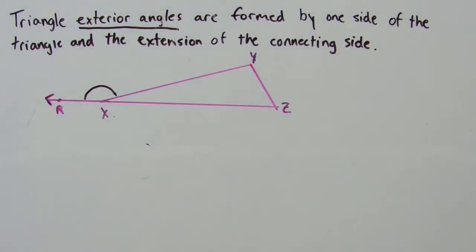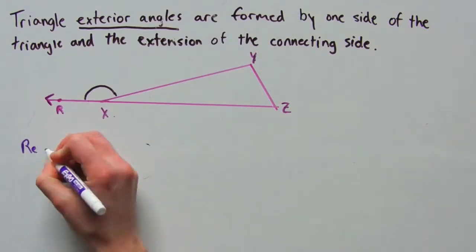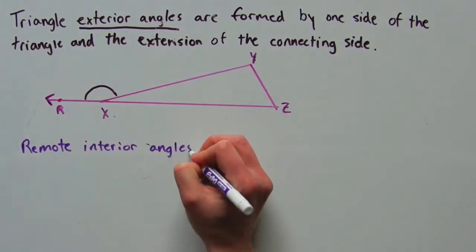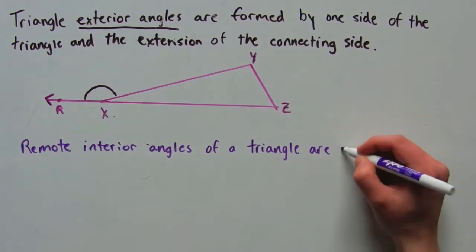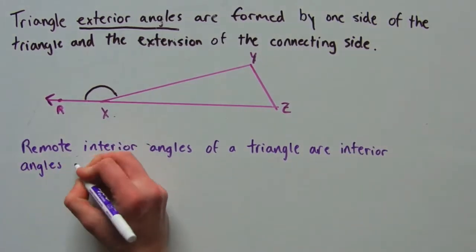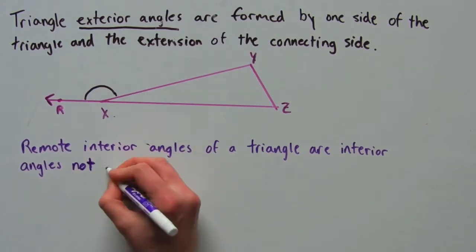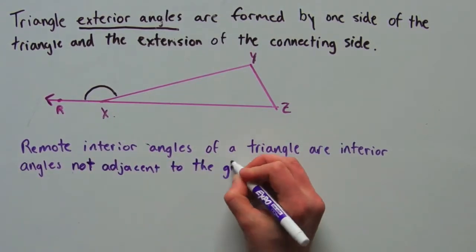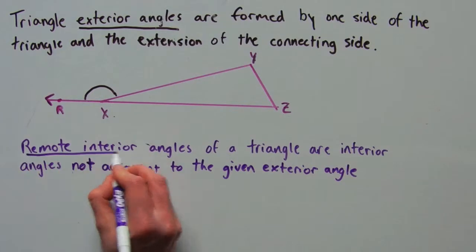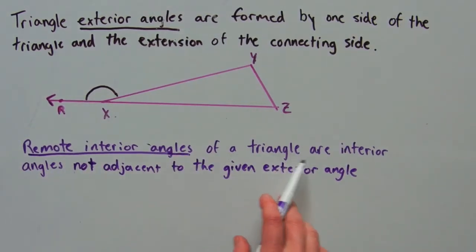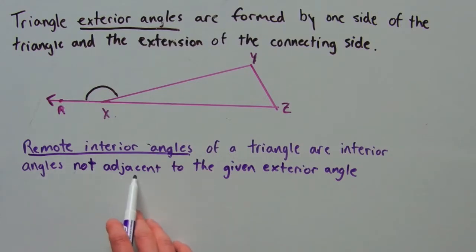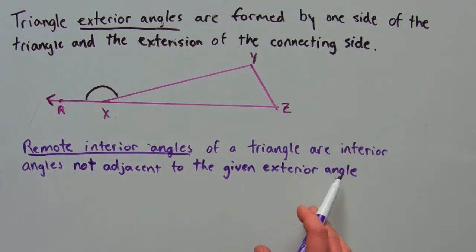Once you establish an exterior angle, you'll be able to locate the remote interior angles. Remote interior angles of a triangle are interior angles not adjacent to the given exterior angle.